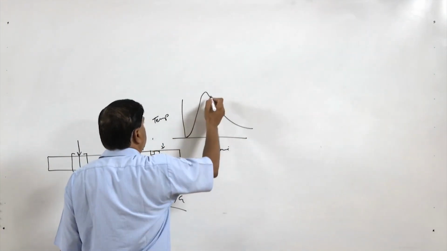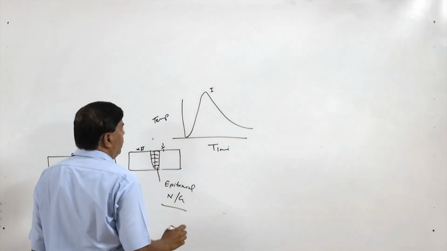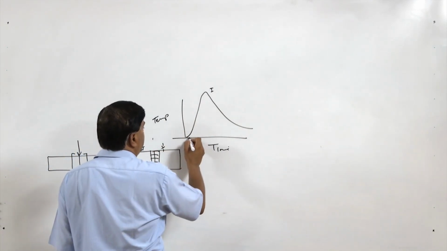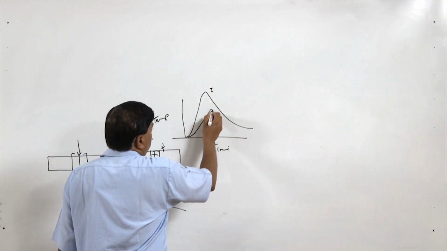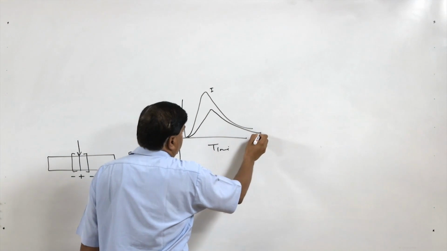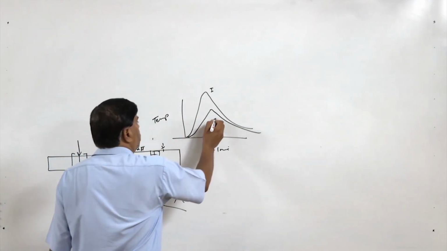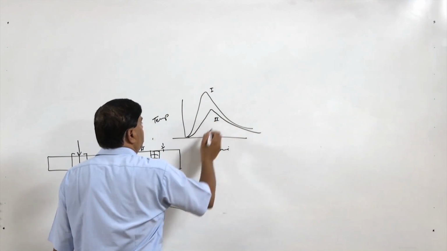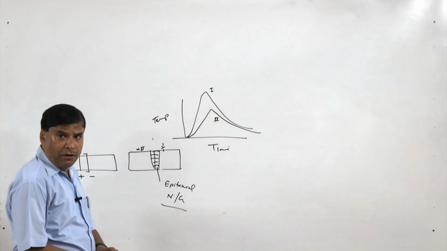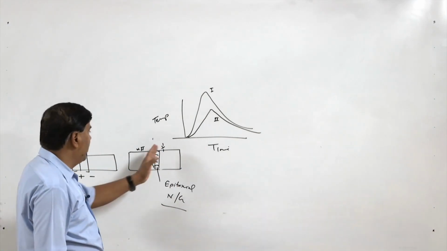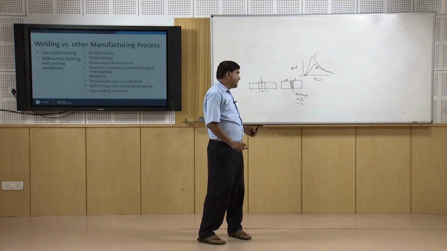This is for point 1, which is very close to the fusion boundary, and if we talk of point 2 away from the fusion boundary, the rate of heating is low, the peak temperature is low, and the rate of cooling is also low. So, these are the two variations in temperature as a function of time of two points which are at different distances from the fusion boundary or from the weld center.